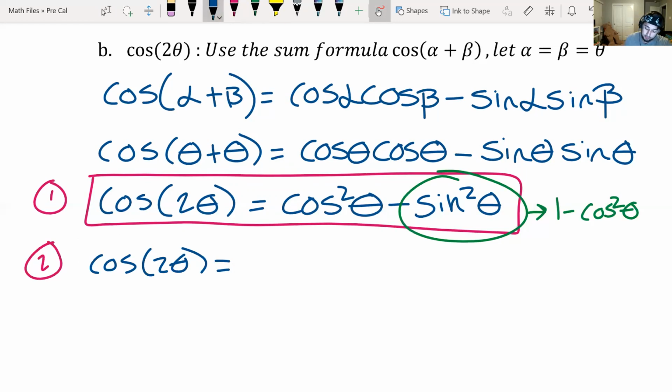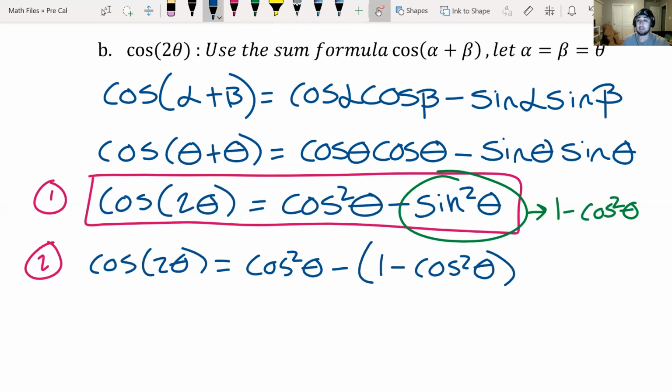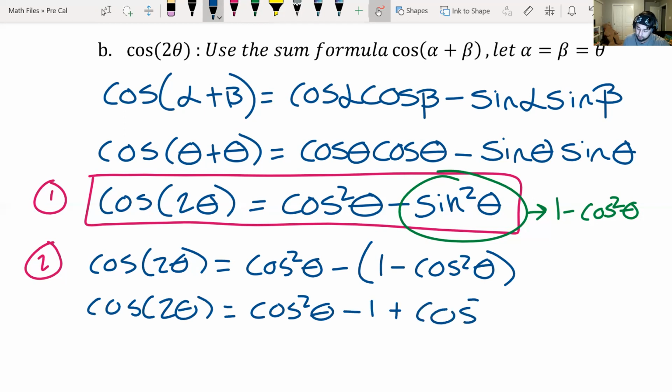So you're going to get cosine squared theta minus, parentheses, 1 minus cosine squared theta, which becomes cosine squared theta minus 1 plus cosine squared theta, which means we get our second formula.